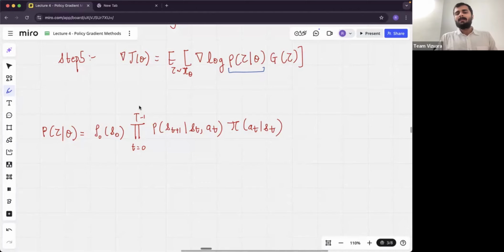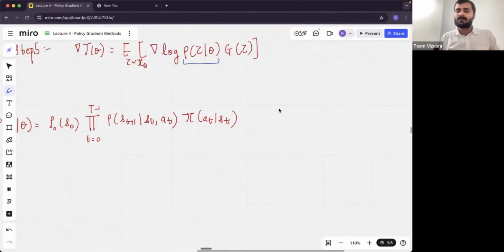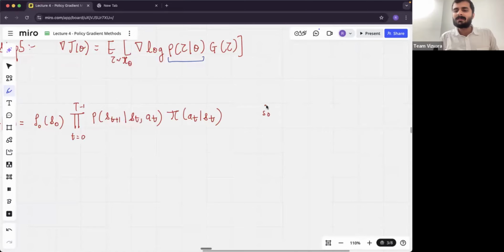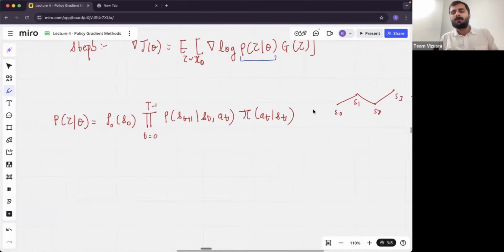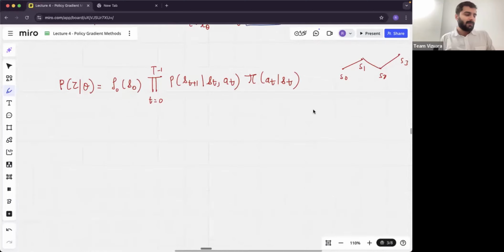So this pi simply means that we are multiplying probability of S1 given S0, comma A0, into probability of S2 given S1, comma A1. So essentially we are writing down the probability of the entire trajectory in terms of the series. Initially we have S0, then we go to S1, S2, S3, etc. So we are multiplying all of this in this expression.